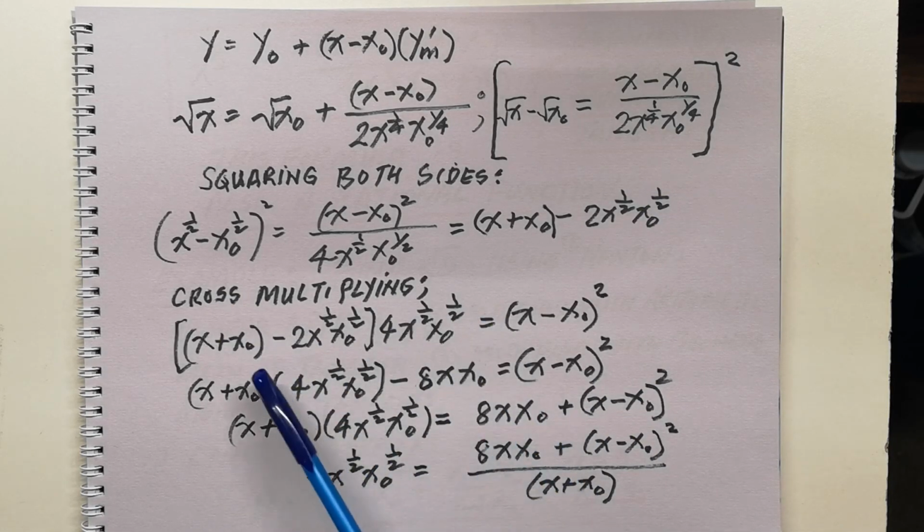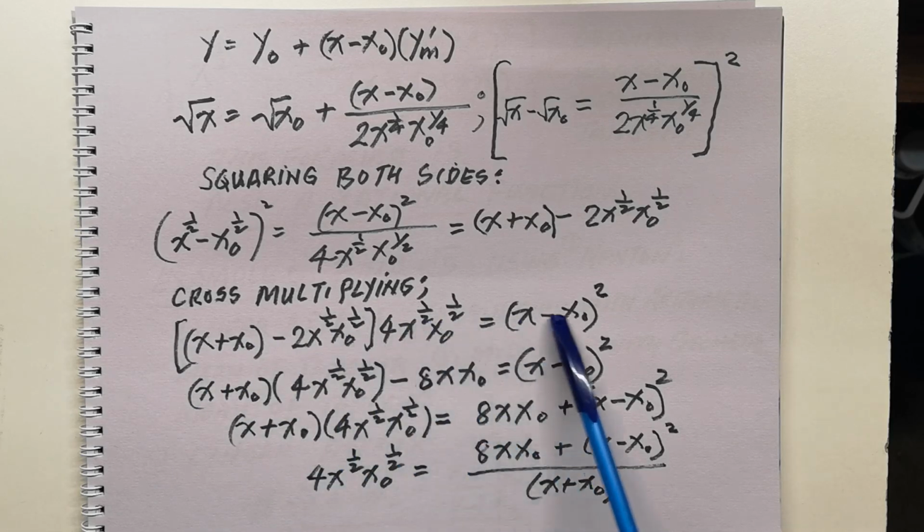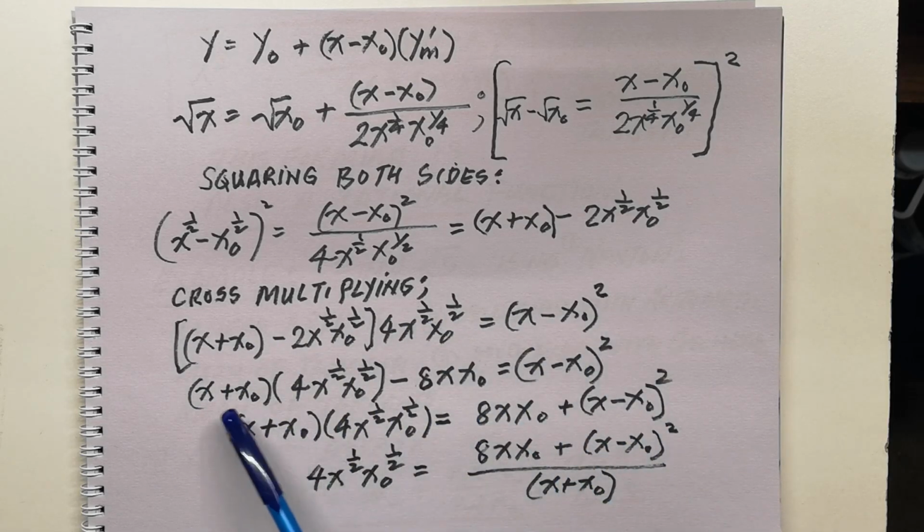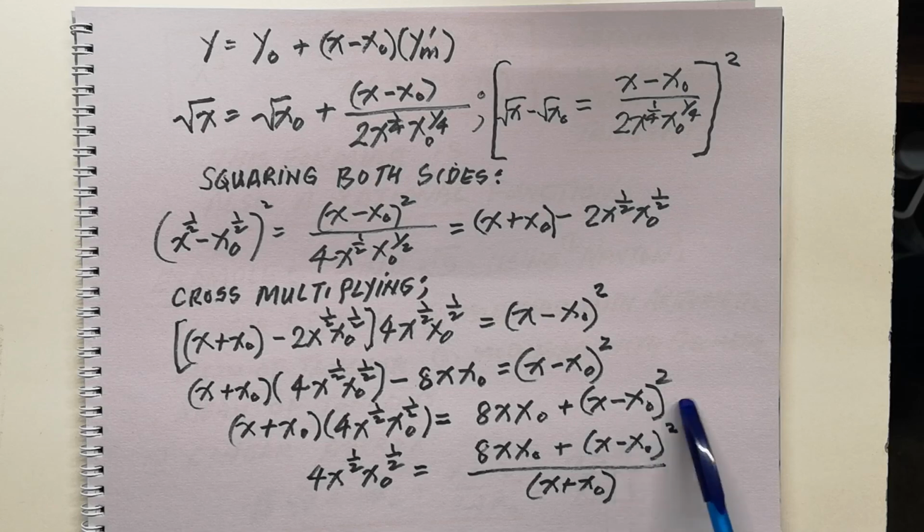Cross multiplying, this is what you're going to get. And after simplification, you'll get 4x to the 1/2 xo to the 1/2 equal to 8x xo plus (x minus xo) squared divided by x plus xo.